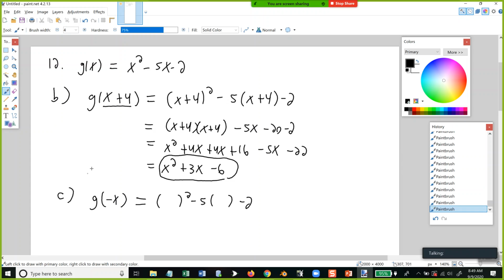Step 2, plug in whatever we're evaluating for. So whatever's right here, which is negative x, is what we're going to plug in over here. And then step 3 is simplify. Negative x squared. Negative x times negative x gives us a positive x squared. Negative 5 times negative x gives us a positive 5x. And then I'll bring down the minus 2. And that'll be our answer.